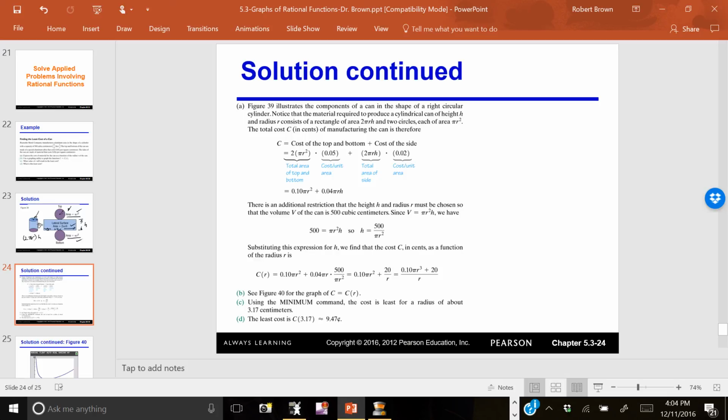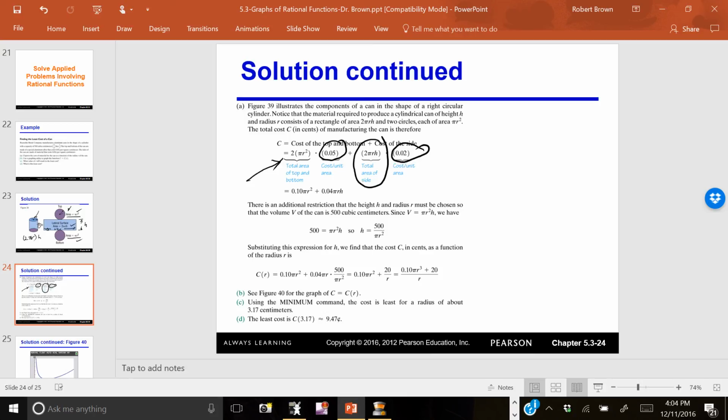The total area of the top and the bottom is 2 pi r squared times 0.05, the cost per unit area, plus the total area of the sides, 2 pi r h, times the cost per unit of the sides, 0.02.